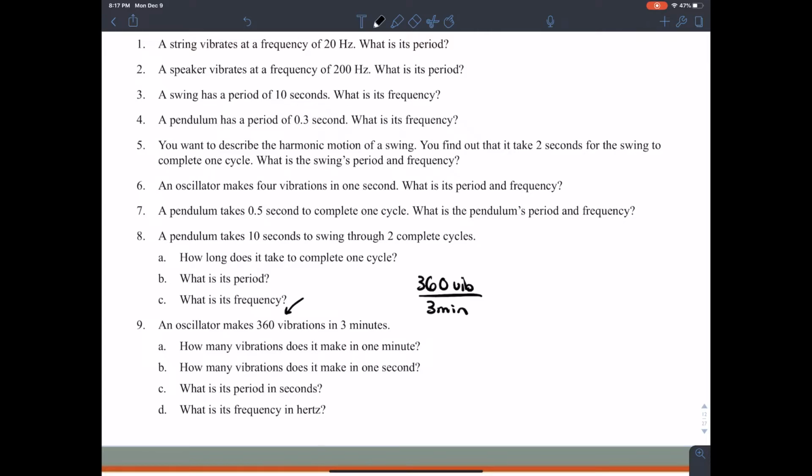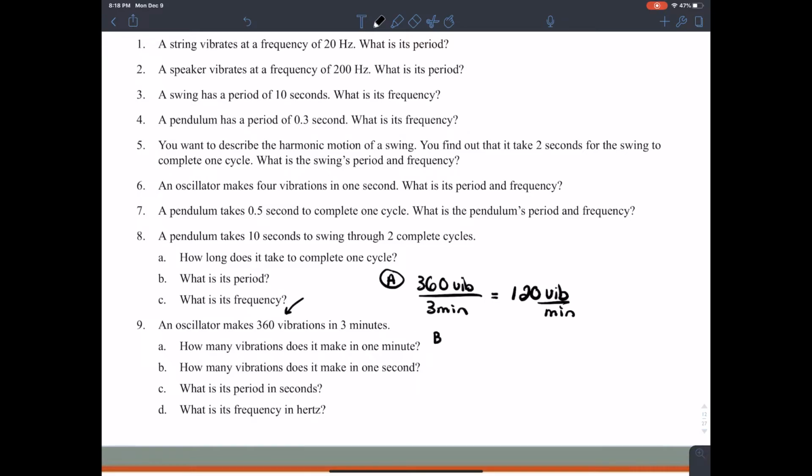Well, if you know how many vibrations it has in 3 minutes, all we have to do is divide that out by your 3. And what we come up with for part A here is 120 vibrations per 1 minute. Okay?